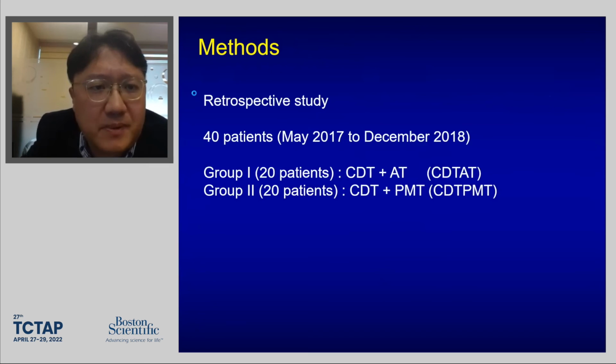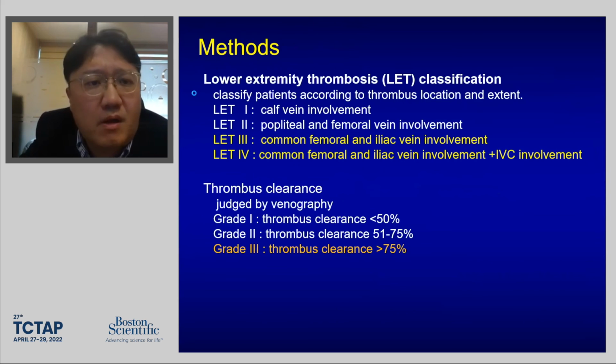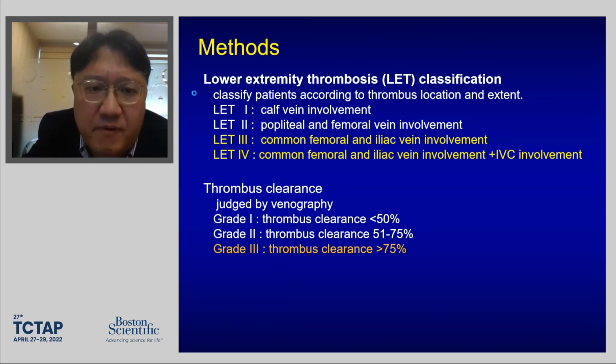It was a retrospective study of 40 patients: 20 patients had CDT and aspiration thrombectomy, and 20 patients had CDT and AngioJet pharmacomechanical thrombectomy. Thrombus clearance of grade 3, more than 75%, was defined as the success outcome.